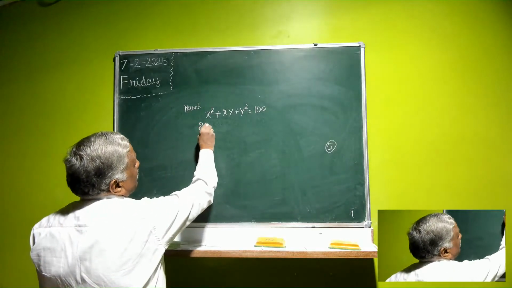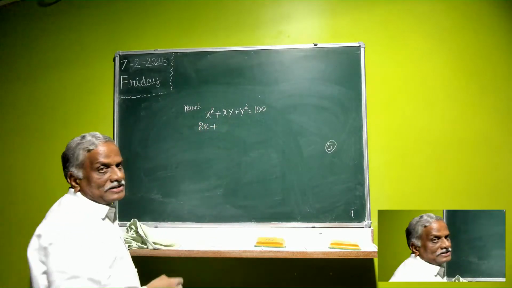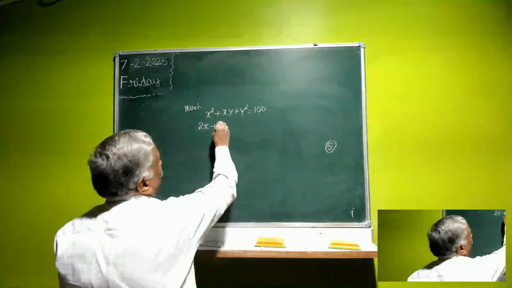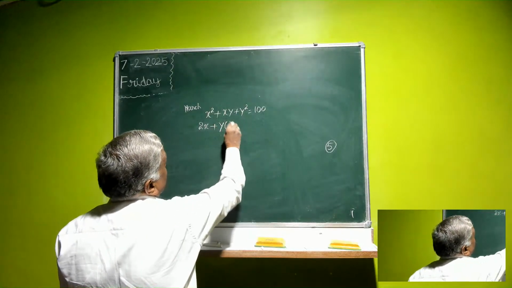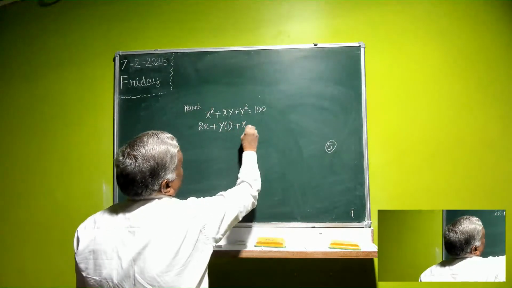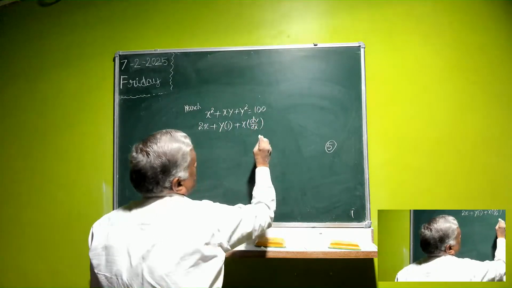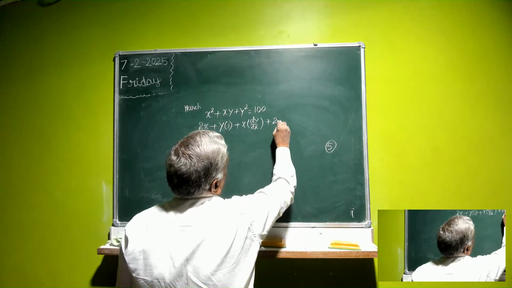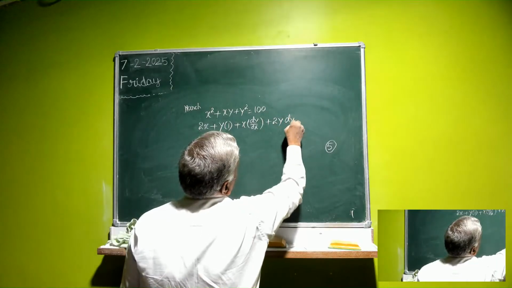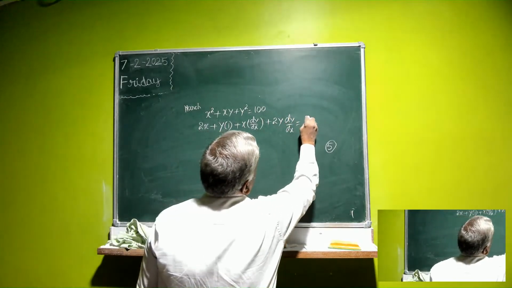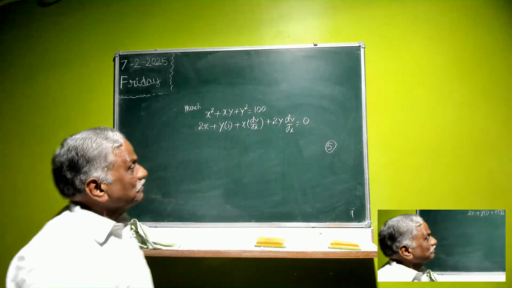So 2x, x square is 2x, xy is a product. Keep y and differentiate x. Keep x and differentiate y. We get dy by dx. And y square is 2y dy by dx. Differentiation of 100 is 0. Any constant is 0.